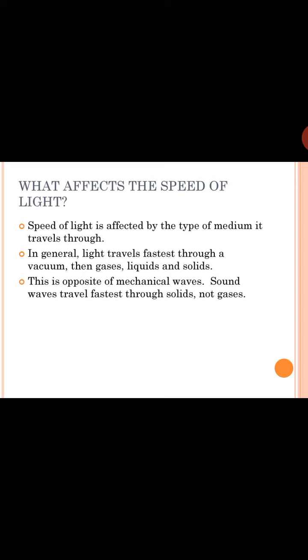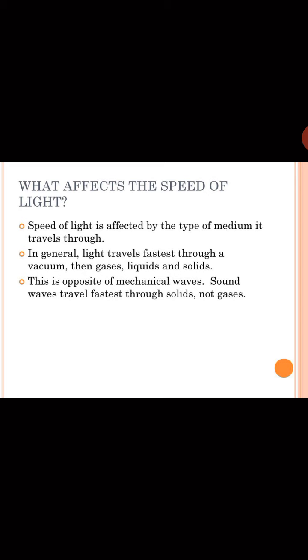Then the speed of light is maximum in gases. Around us there is the atmosphere, and in the atmosphere there are different gases: carbon dioxide, oxygen, nitrogen. So light is traveling very fast through these gases and reaching the earth's surface.